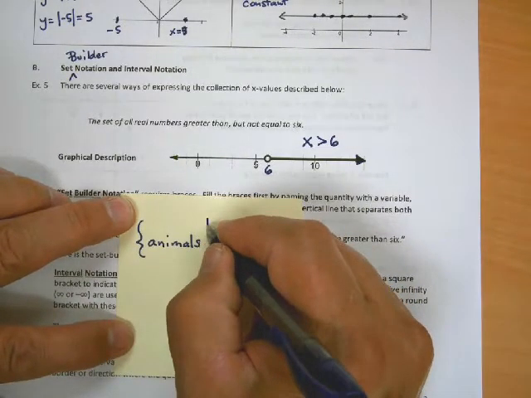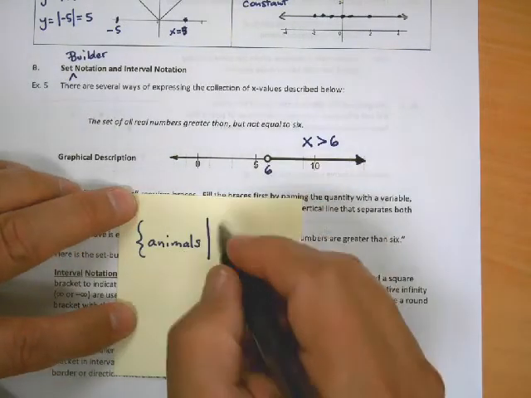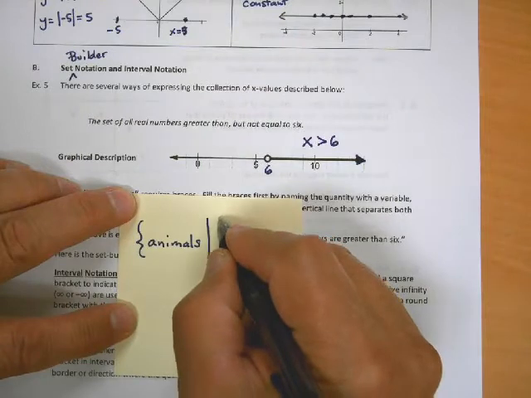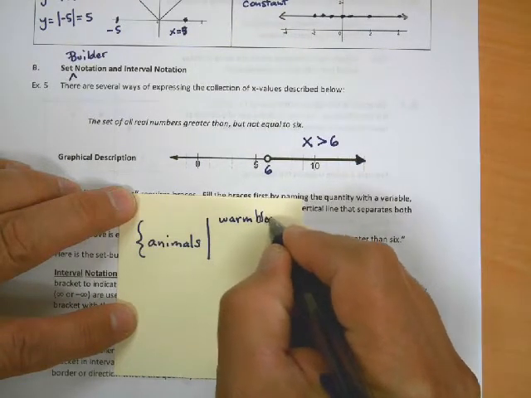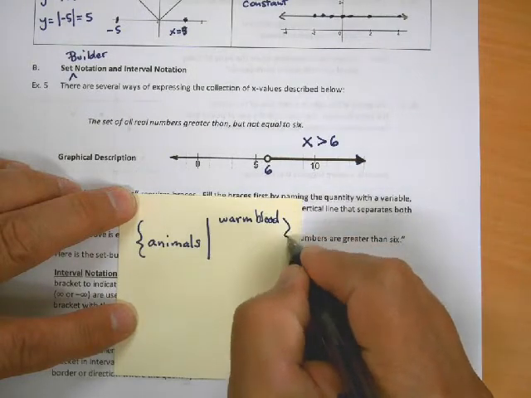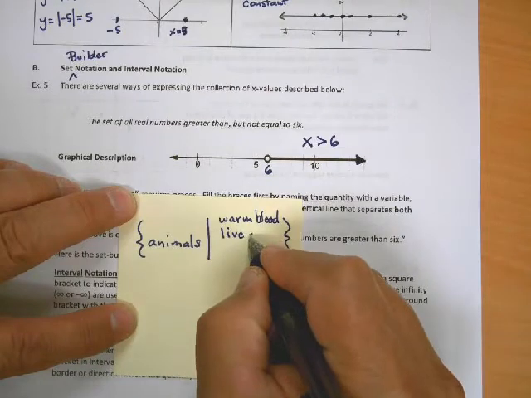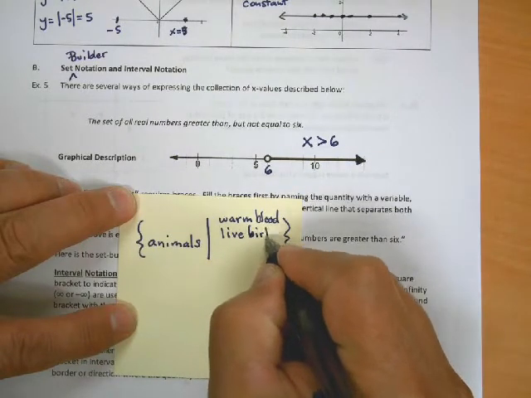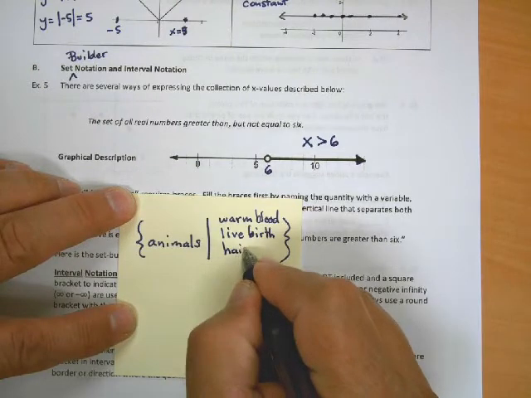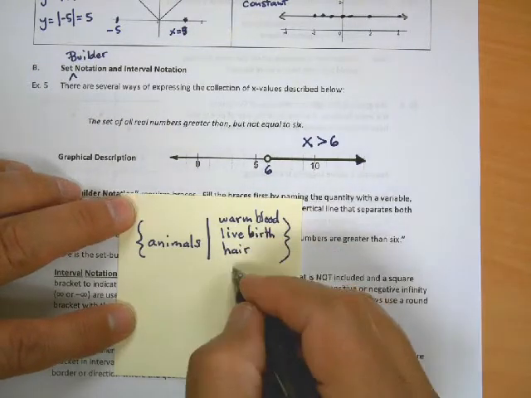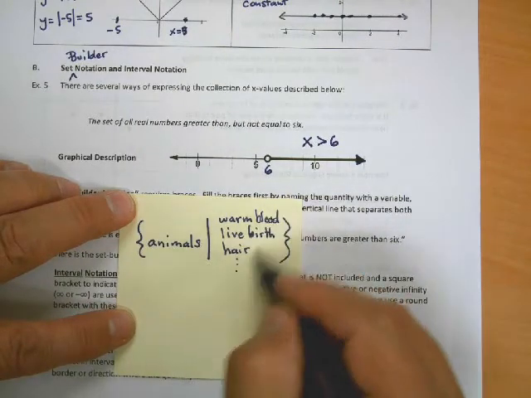But if you narrow it down to those animals such that they are warm-blooded, and they give live birth, they don't lay eggs, in other words, and they have hair and several other characteristics, what you're dealing with is a set of mammals.